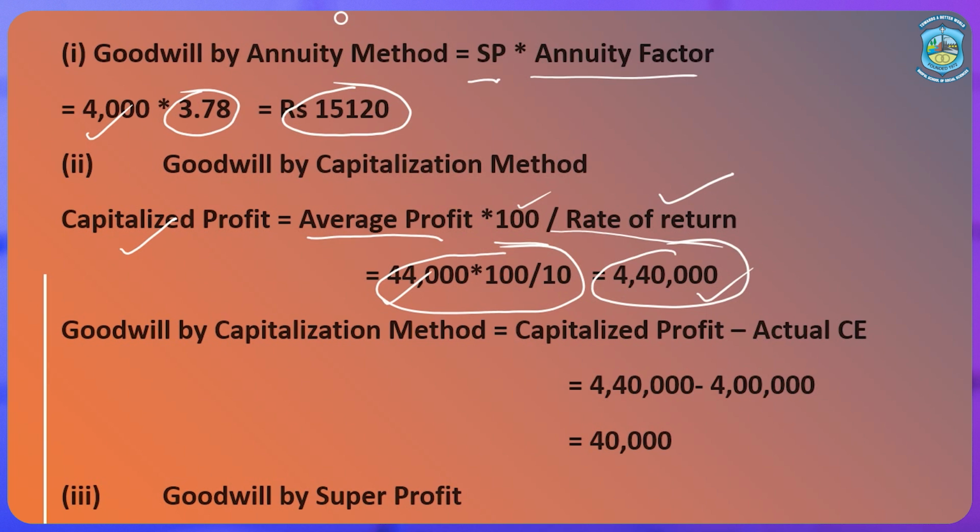Now, goodwill by capitalization method: the formula is capitalized profit minus actual capital employed, which is already given in the question, rupees 4 lakhs. If we subtract this 4 lakh rupees of actual capital employed from the capitalized profit, we will get only 40,000 rupees, which is the value of goodwill.